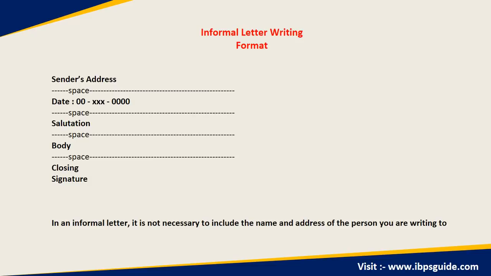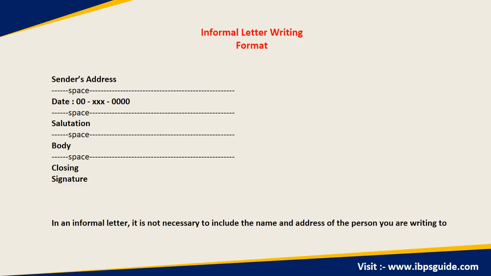So let's take a look at the format first. So you have sender's address and you have space, then you have date, you have space, then you have salutation, space, body, space, closing, and signature. So as you can see, the receiver's address is not mentioned here, and it's not necessary to include the name and the address of the person that you are writing to.